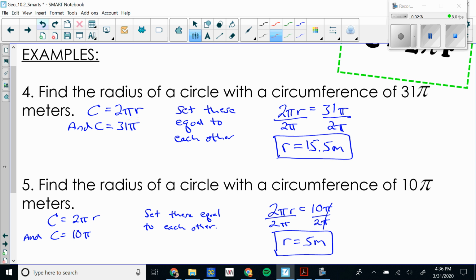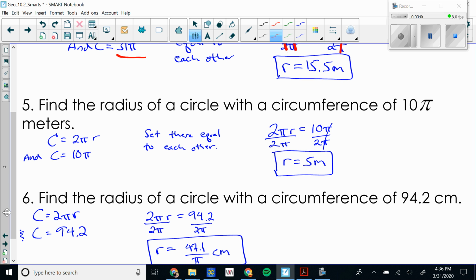And since c equals both those things, I'm just going to set this part equal to this part in this equation over here. And so I have 2 pi r equals 31 pi. Trying to find what r is, it says find the radius. So I divide the left side by 2 pi. Those are going to cancel. Over here, the pi's cancel. You're left with 31 divided by 2, which is 15.5 meters is the radius.